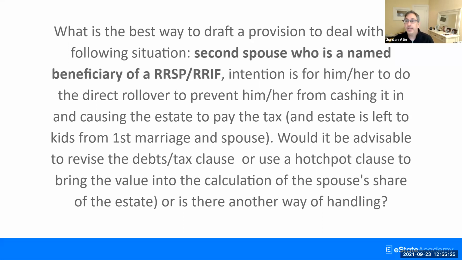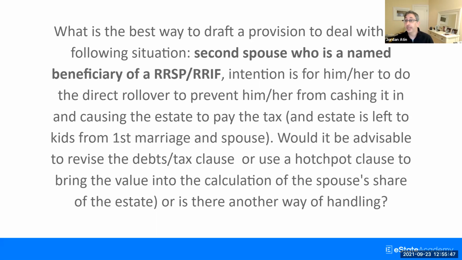The general rule is that if they don't do that and they trigger tax, the tax slip is going to come to them in their name. The estate is jointly liable for that, but the slip goes to the spouse.